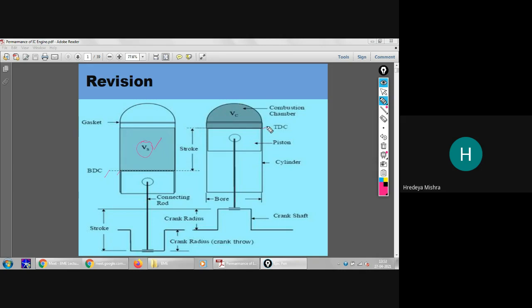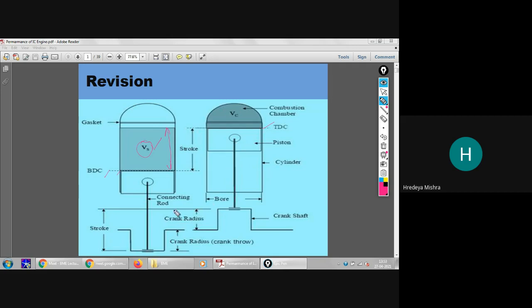Vs is the volume where the piston is moved, up and down. This is the BDC and this is the TDC. So the piston moves between TDC and BDC.